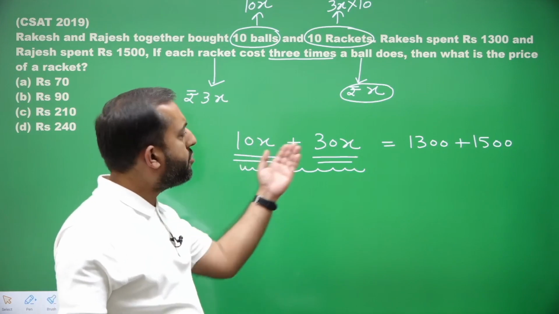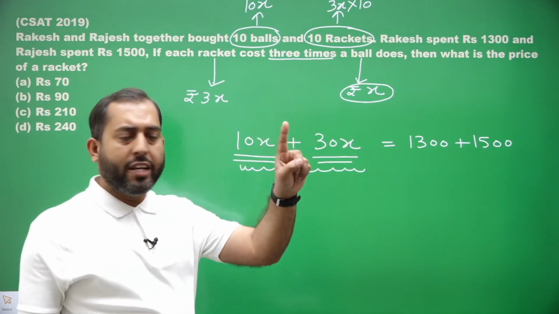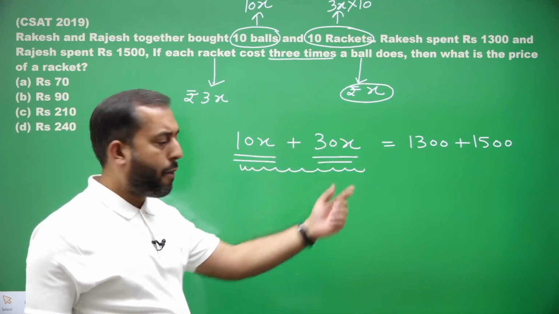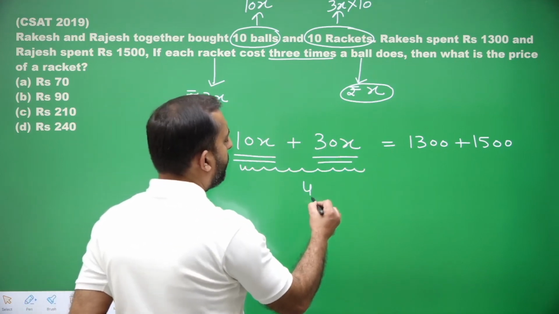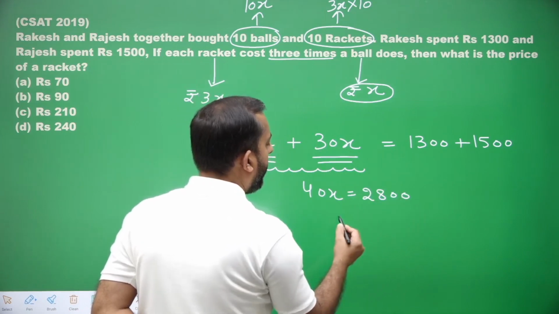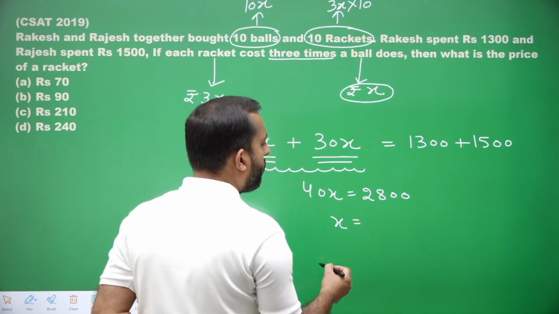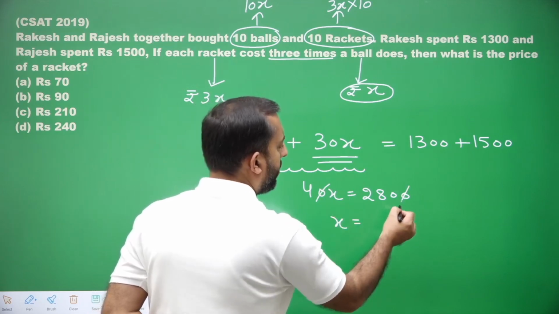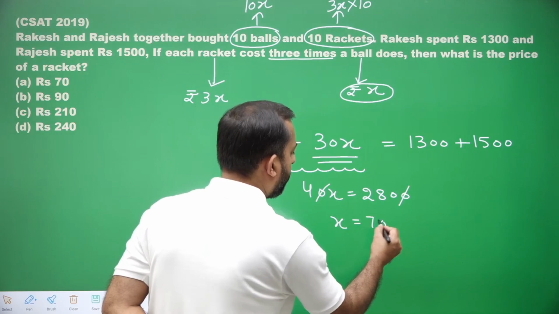Now this is your linear equation in one variable, because we have X only. If we solve this, it becomes 40x equal to 2800, and from here X comes out to be 70.